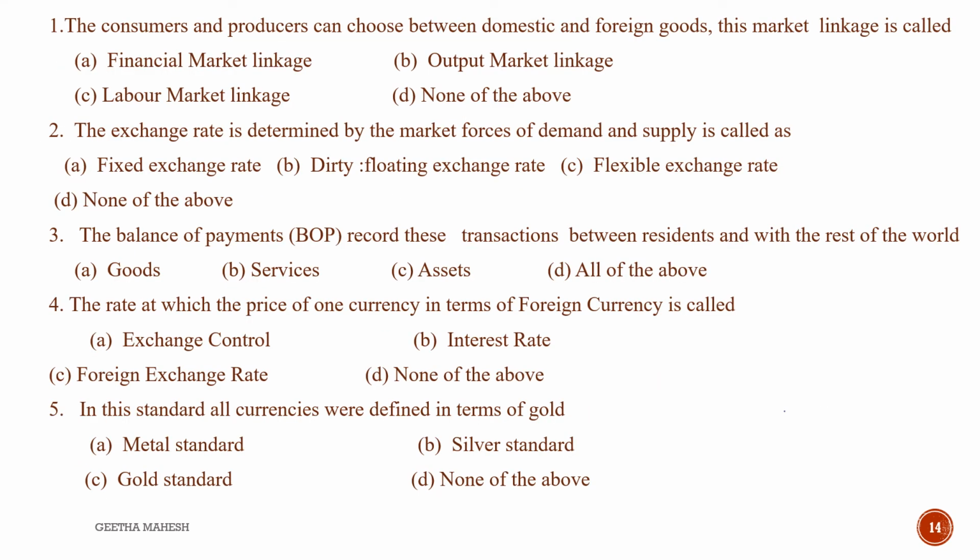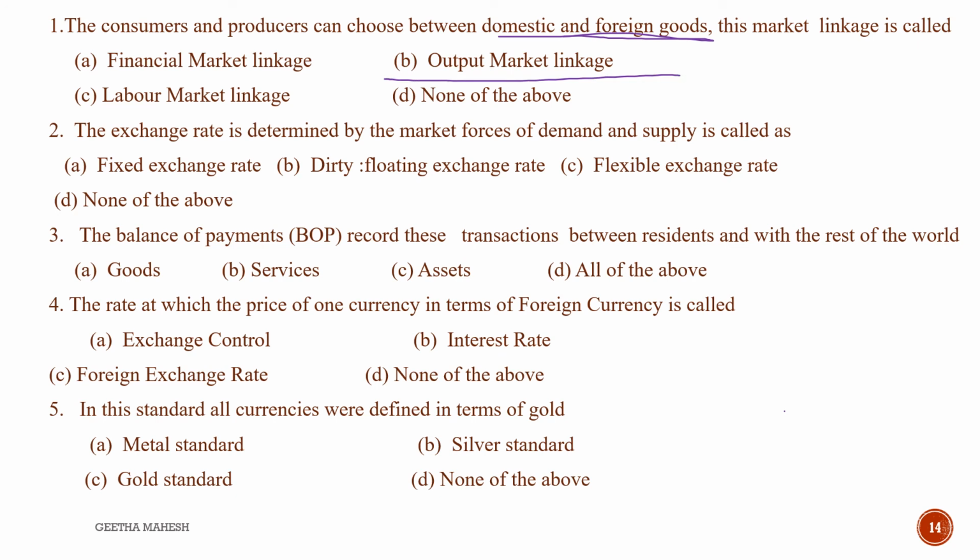The consumers and producers can choose between domestic and foreign goods. This market linkage is called financial market linkage, output market linkage, labor market linkage, none of the above. As it deals with the goods, so it is output market linkage.